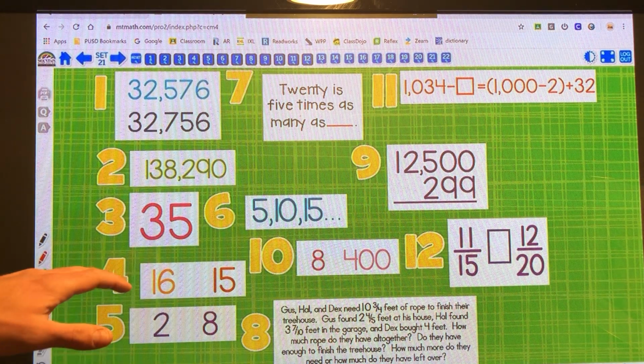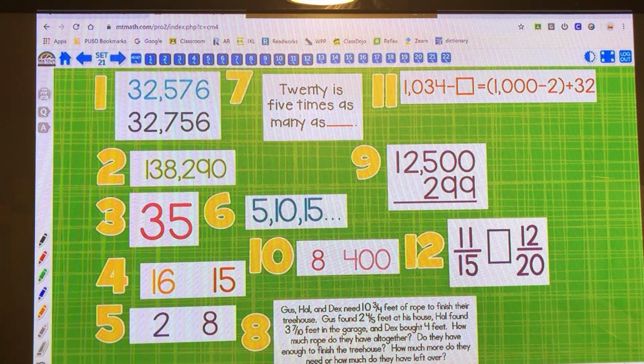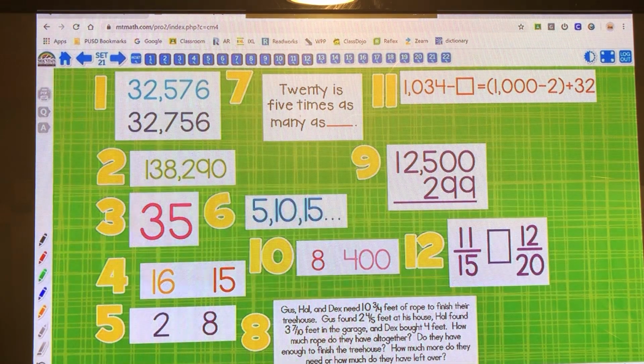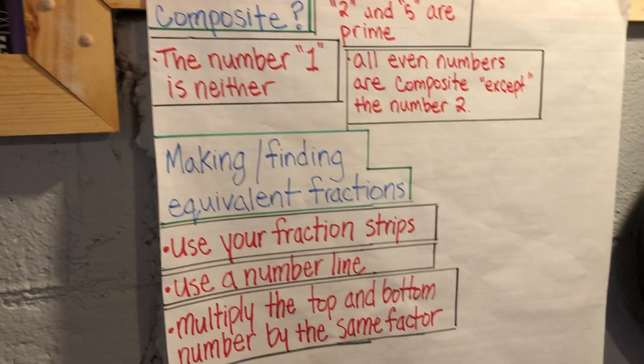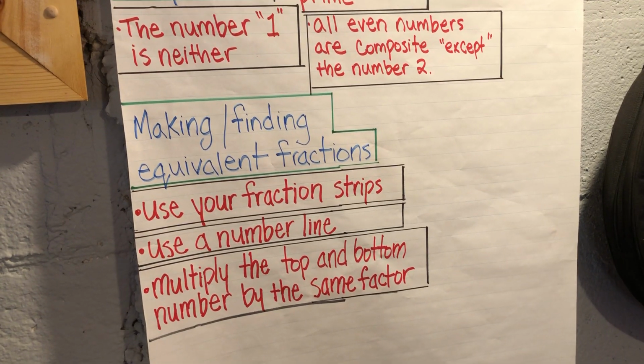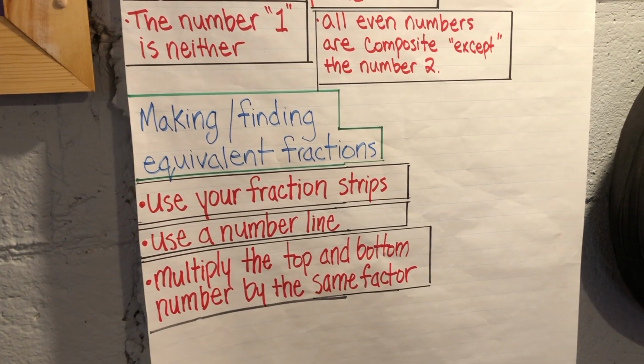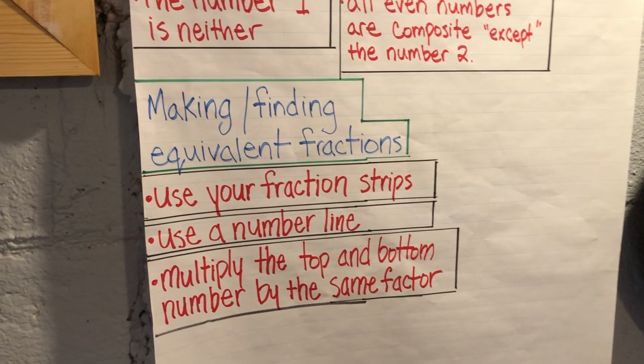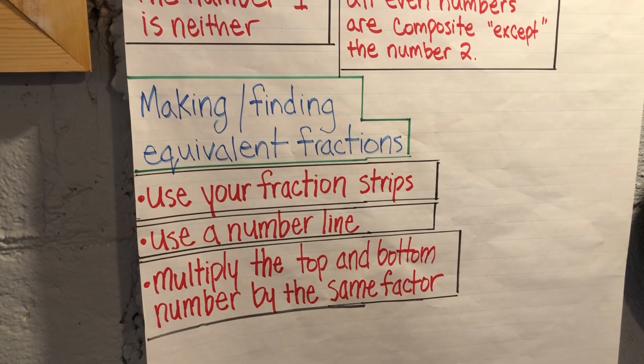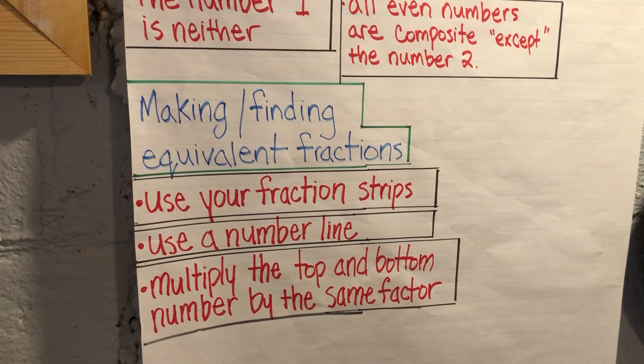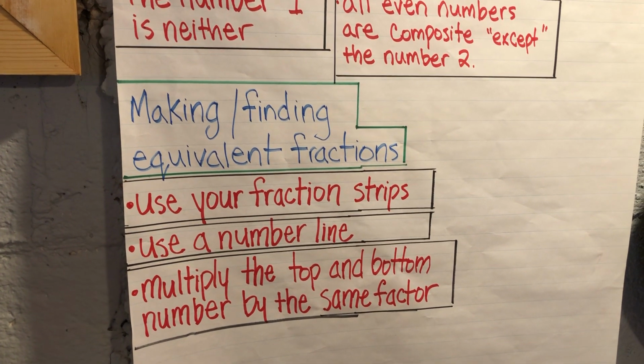Our last math lesson was the idea of how do we find out if fractions are equivalent. And that's where this poster came in handy. As you are looking at IXL, making and finding equivalent fractions was the topic that we were talking about last. We have our fraction strips, which are inside of your yellow folder, using number lines.